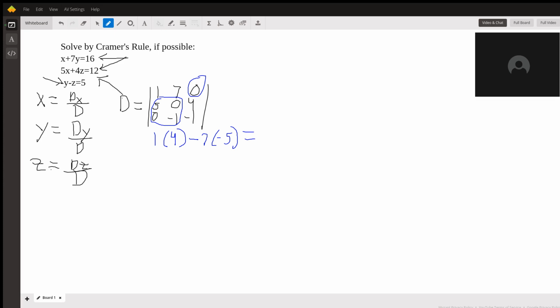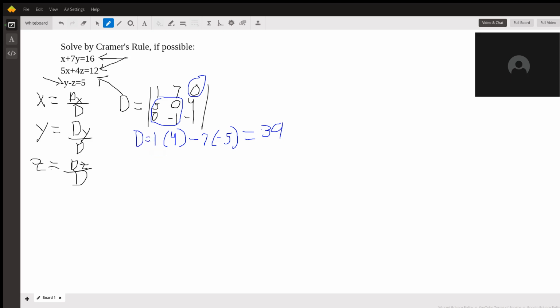So 1 times 4 is 4. 7 times 5, we have two negative signs, that's 35. 4 plus 35, that's 39. So our determinant, the big capital D, is not 0.